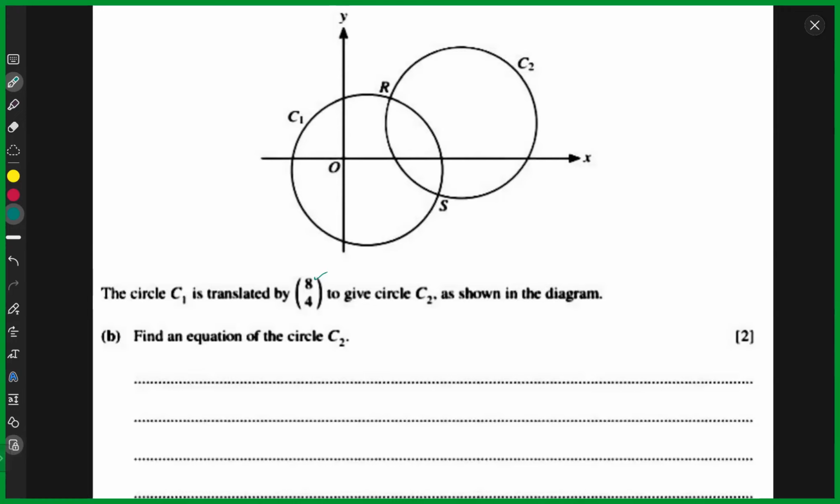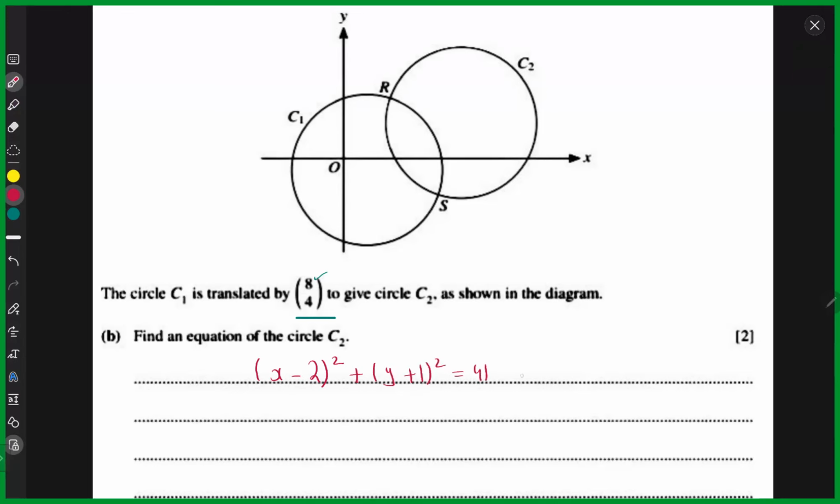Now, this time around, you don't have the coordinates of the diameter. You do not have anything. You are supposed to use this only and then do your working. Let me write down the initial equation. So it was x minus 2 whole squared plus y plus 1 whole squared equals 41.